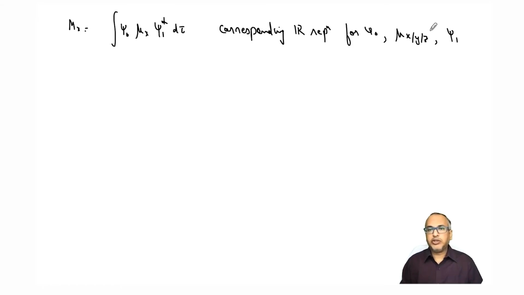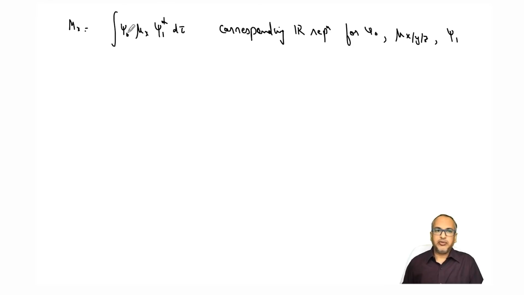All three we must know, and only then will we be able to find the corresponding IR representations and find the direct product of all three. And if that direct product contains the totally symmetric representation, the integral will be non-zero. Remember that, right? Okay.